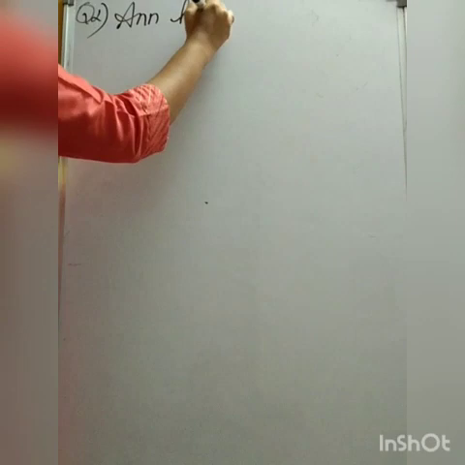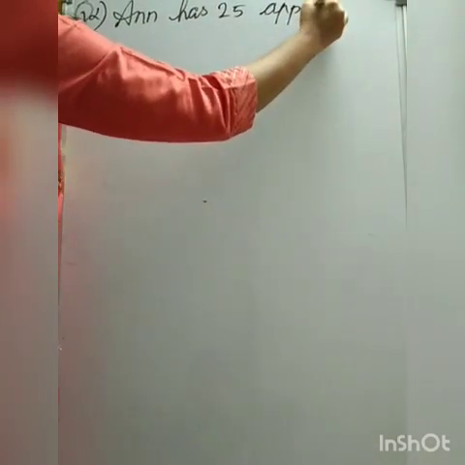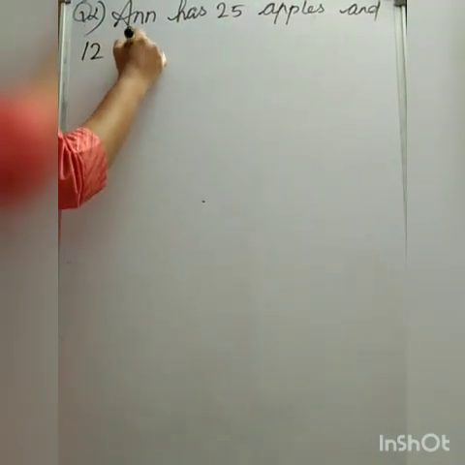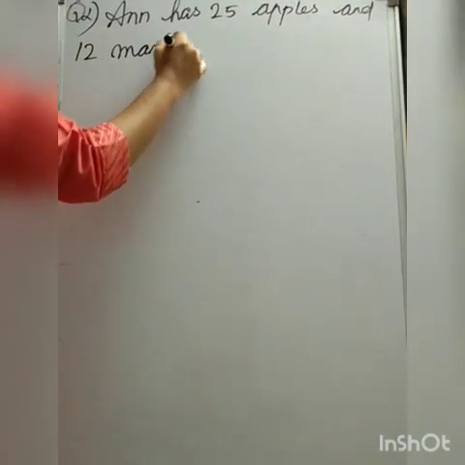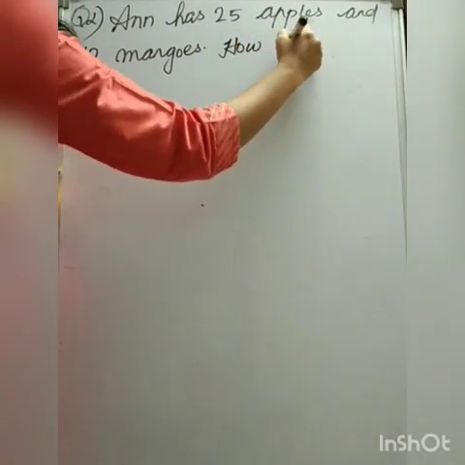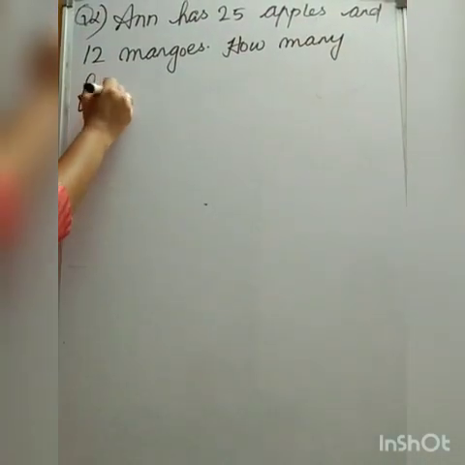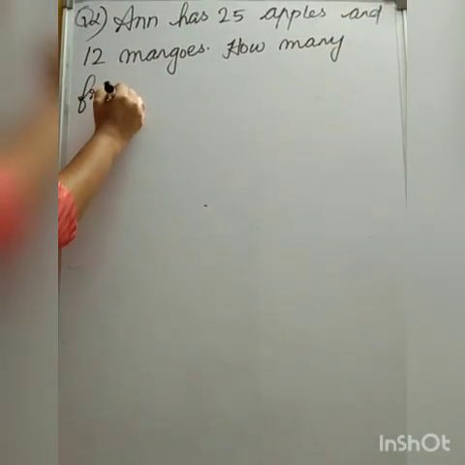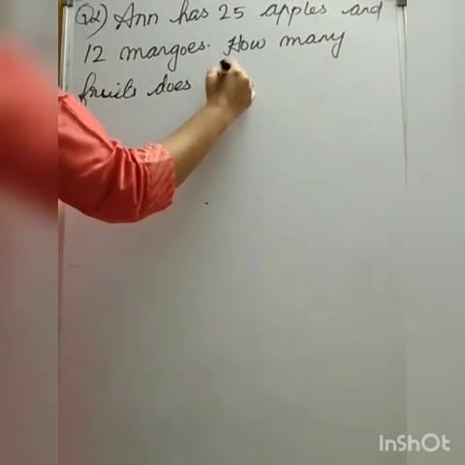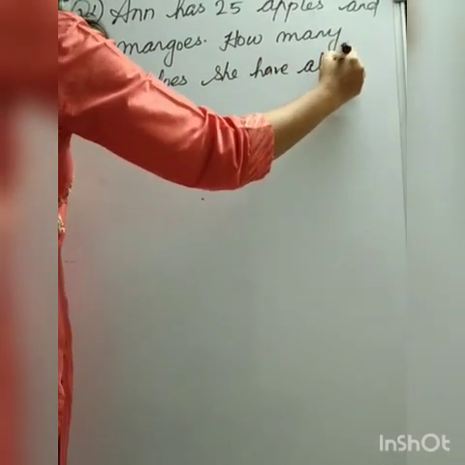Anne has 25 apples and 12 mangoes. How many fruits does she have together?